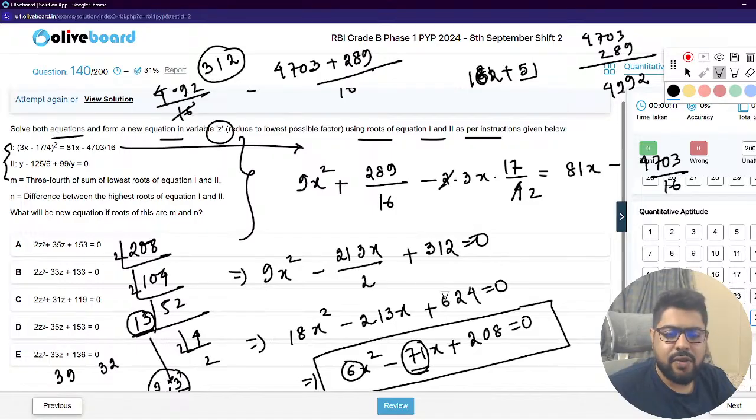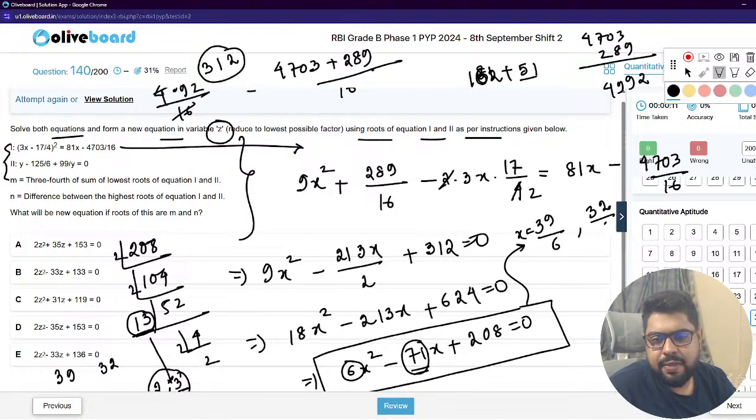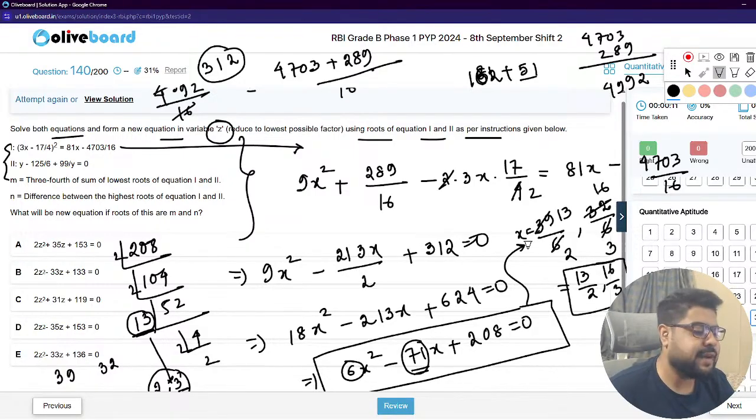So plus minus wala case. The x values will be 39 by 6, 32 by 6. That is 13 by 2 and 16 by 3.